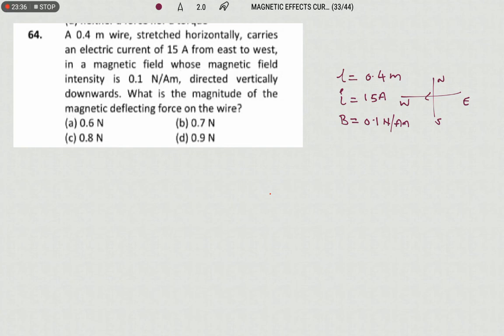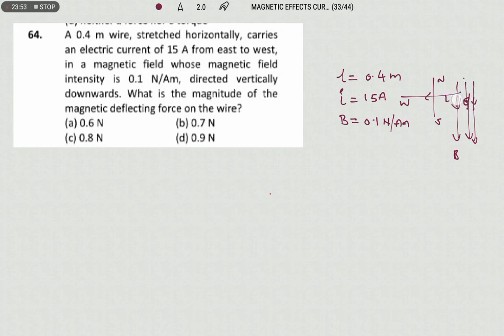So B is the direction of the magnetic field, downwards. What is the magnitude of the magnetic deflecting force on the wire?